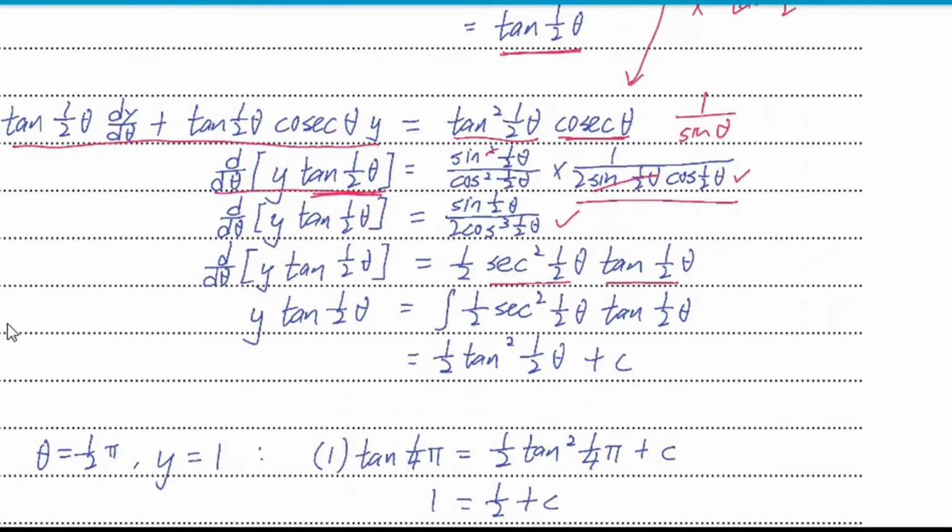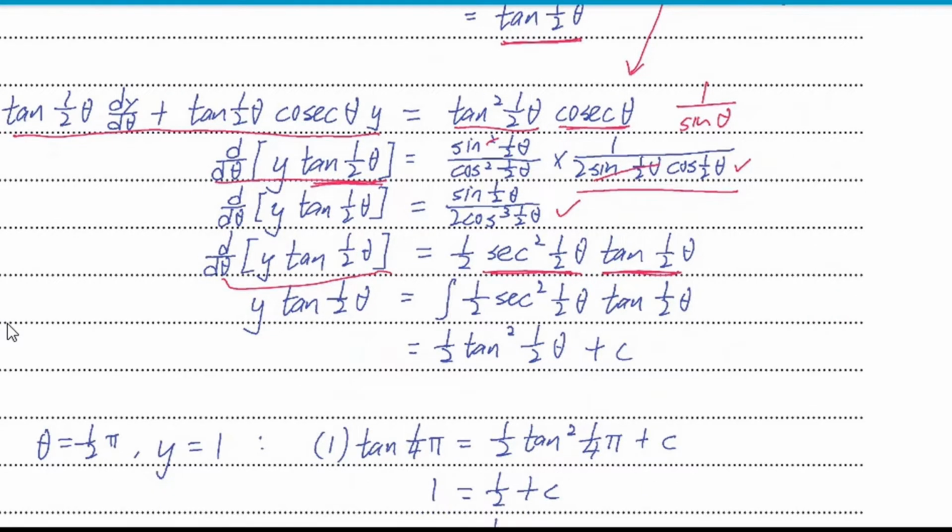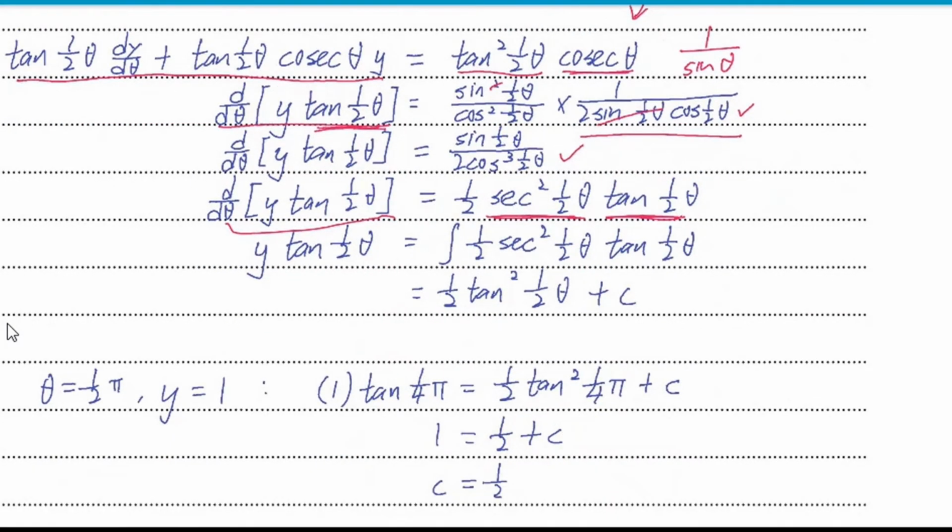So how do we actually integrate it later on? When we bring the d theta over, we will integrate it. Differentiating a tangent will give us a secant square. So what have we differentiated such that we get this thing here? We have differentiated a tangent square.